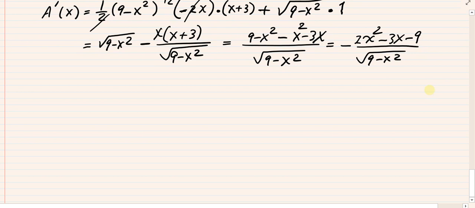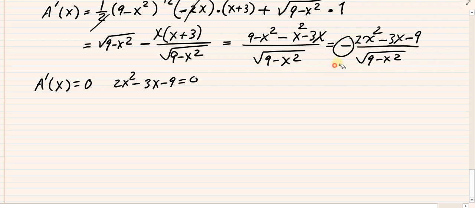Now, if we set A prime x equal to 0, we have to find the critical numbers. Set it equal to 0, and that means 2x squared negative 3x minus 9 is 0. Don't worry about the negative in front, because we can always divide both sides. Once we set it equal to 0, divide that out. Now this should be factorable, 2x and x, and the numbers, how about 3 and 9, but let me go negative 3 here, works better.